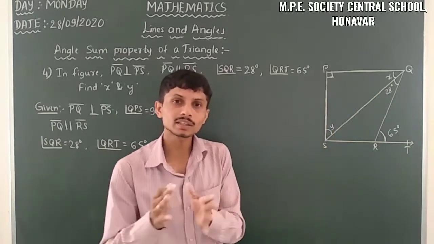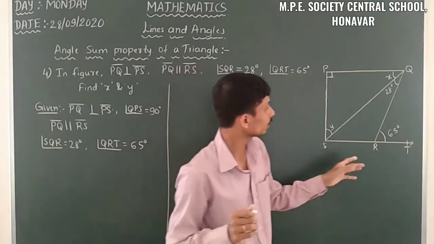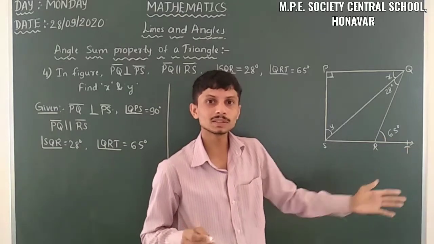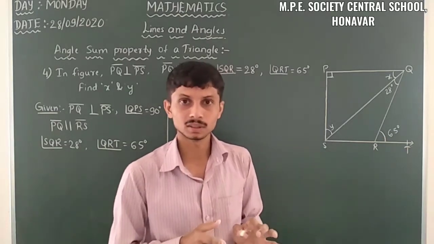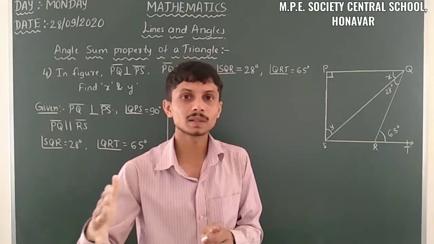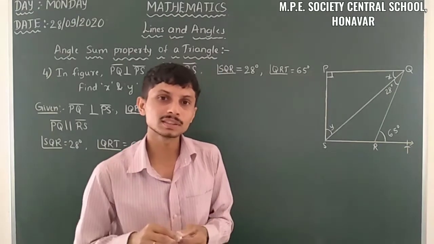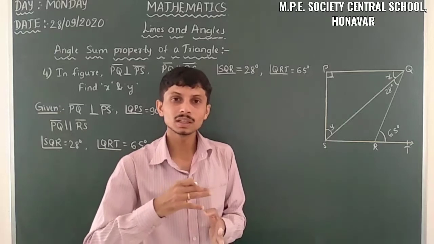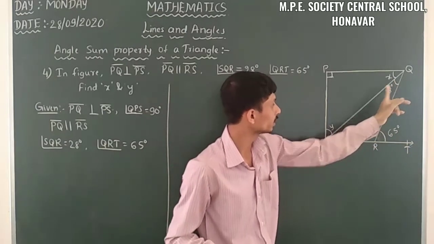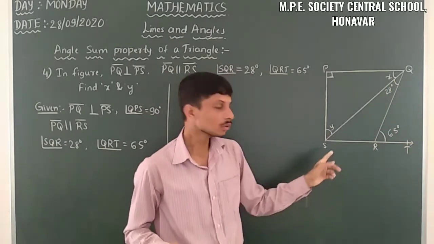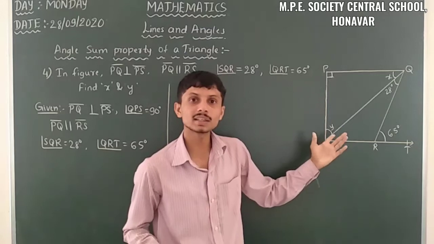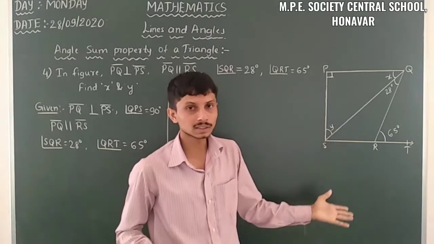For that we have to find at least one of them. Here an exterior angle is formed, so we can use theorem 6.8: when a side of a triangle is produced, the exterior angle formed is the sum of the interior opposite angles. That means 65 degrees is equal to 28 degrees plus this angle. If we find this one, we can take this as 90 degrees, and then we can find the value of y.